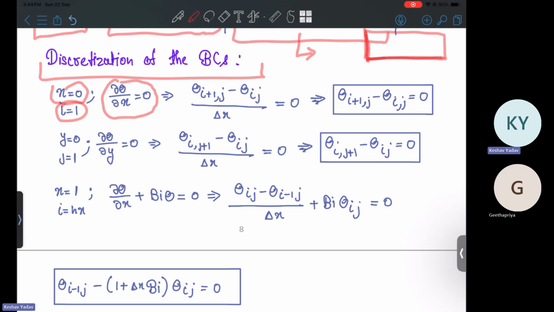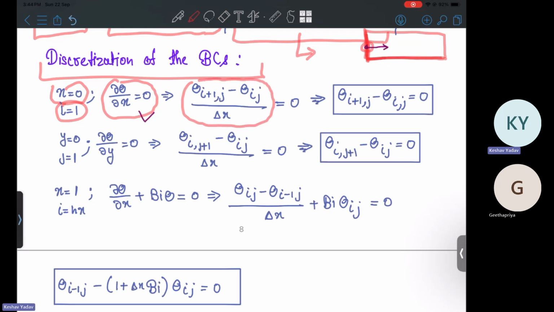Here I want to write the boundary condition. On this side, we do not have a grid point, so we will use the 2 point forward difference scheme to find the gradient.